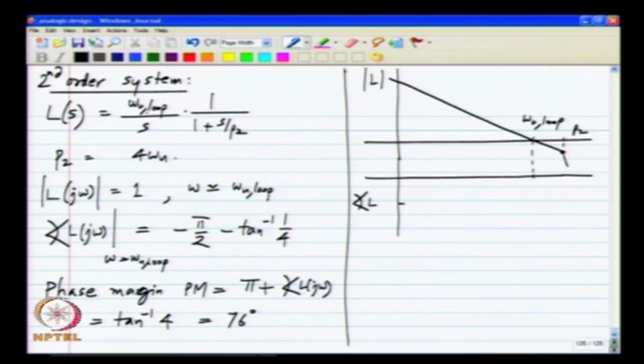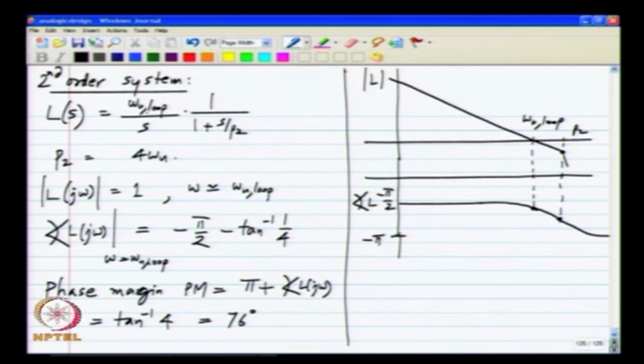The phase starts from minus 90 degrees or minus pi by 2 due to the integrator, and it starts changing due to P 2. At P 2 it will be minus 135 degrees or minus 3 pi by 4, and finally it goes off to minus pi.